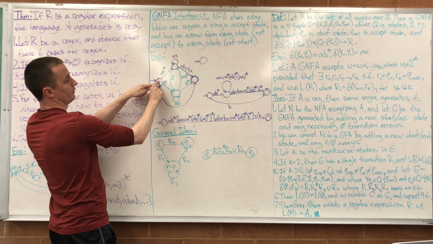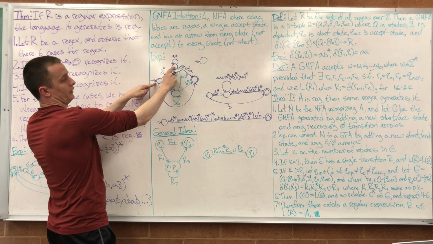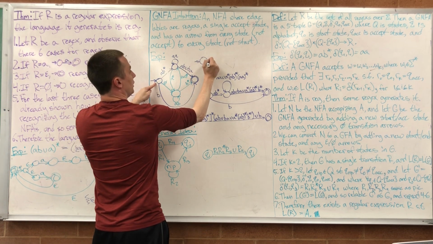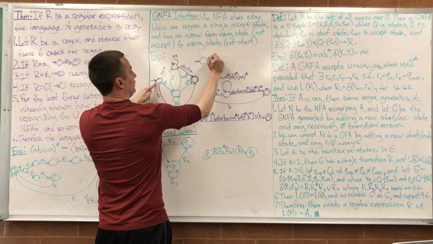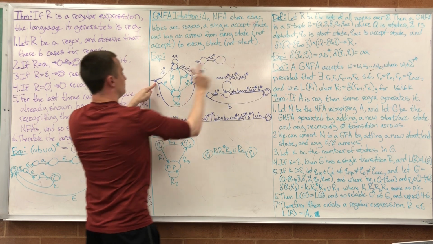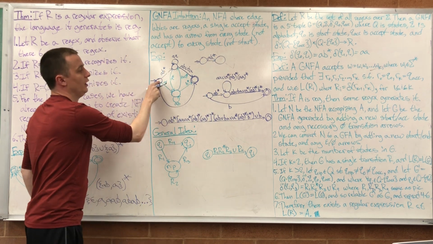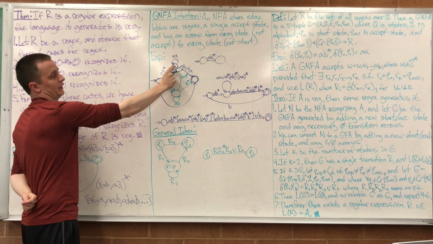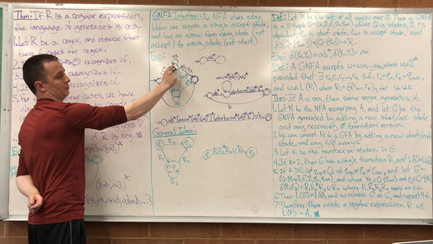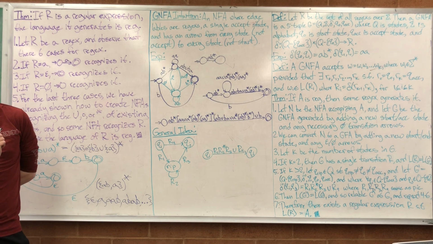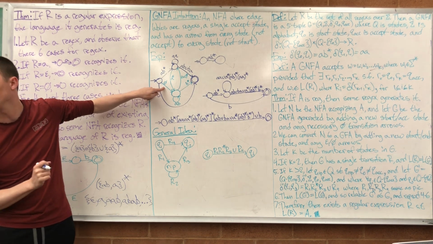We can still go to our second state by an AB star, right? Yes. So I can still get to my second state with AB star. Now, it's possible that to get to my second state, I could have also come down here and then up there, right? No. Well, it just so happens this arrow's labeled, so I couldn't.